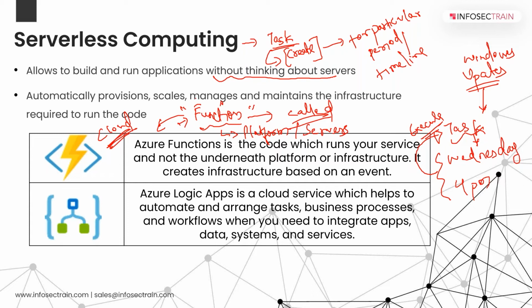It automatically provisions, scales, manages, and maintains the infrastructure required to run the code. Okay, so all these things are totally the responsibility of your cloud vendor. The user has to do nothing with the infrastructure of these functions. All these things will be taken care of by your cloud vendor.